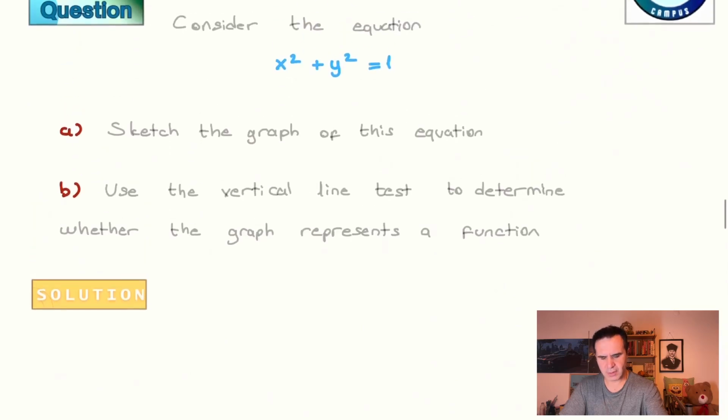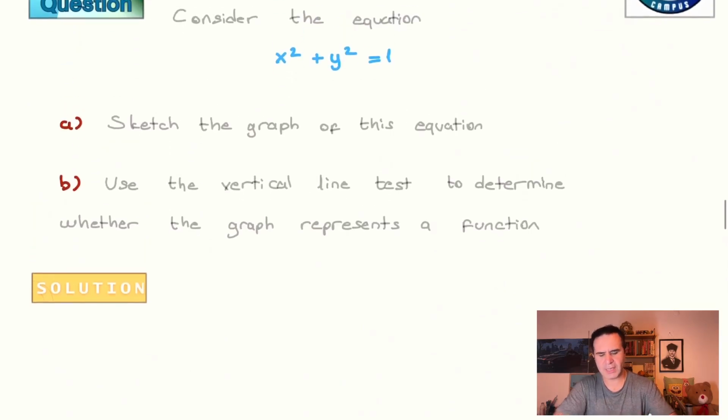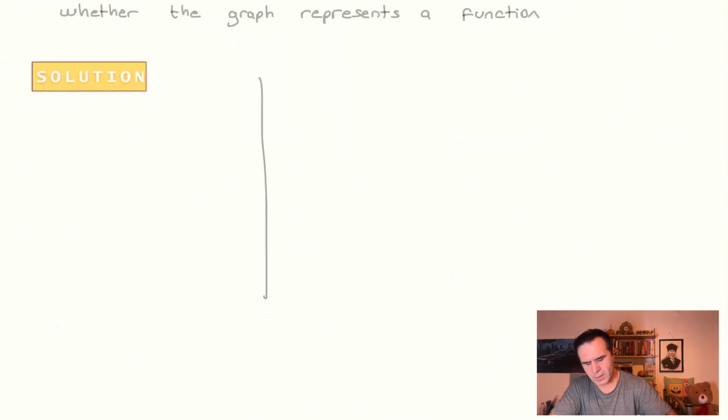And the second question: consider the equation x squared plus y squared equals 1. Sketch the graph of this equation and use the vertical line test to determine whether the graph represents a function. You should know what this graph is. This is the unit circle, actually. We will draw the unit circle here.